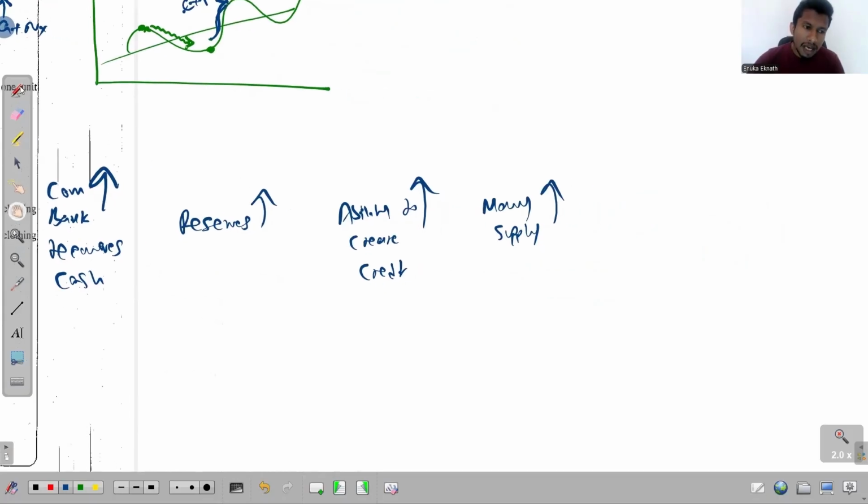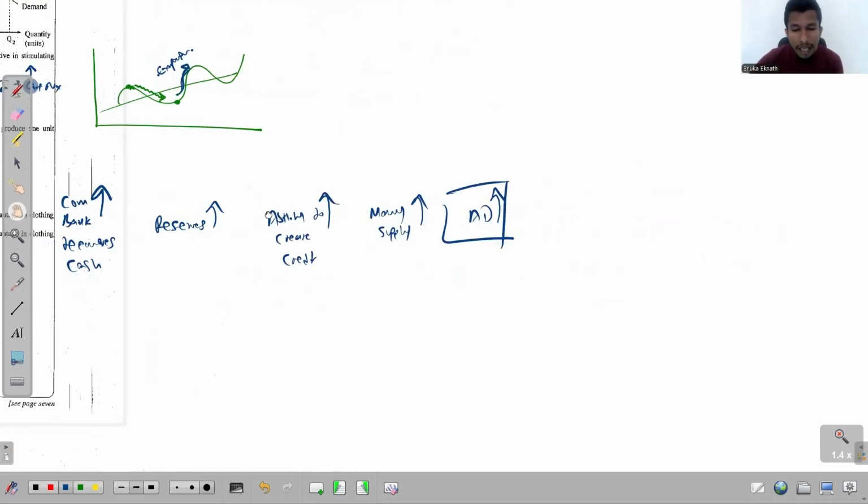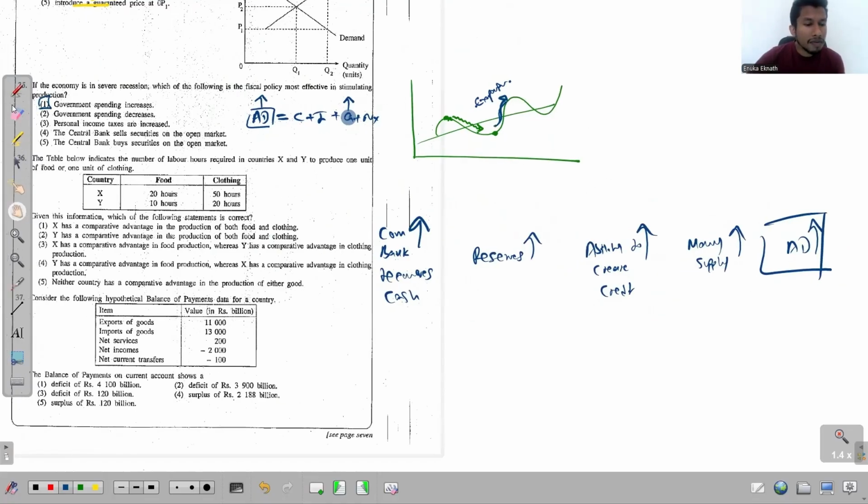And when the money supply increases, the people have a higher purchasing power, so that they will increase the aggregate demand, and then all the other things will happen. When the aggregate demand increases, the production will increase. When the production gets increased, the level of employment will increase, and when the level of employment increases, the level of income increases. So even that is a possible answer for this question number 4.